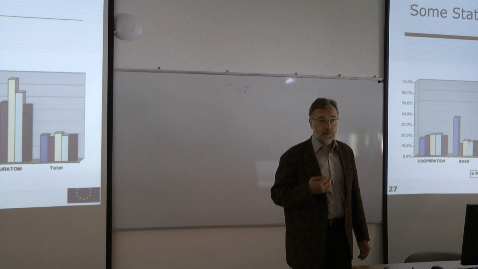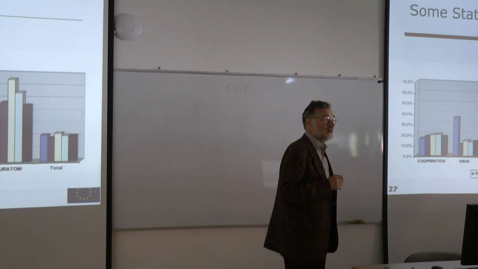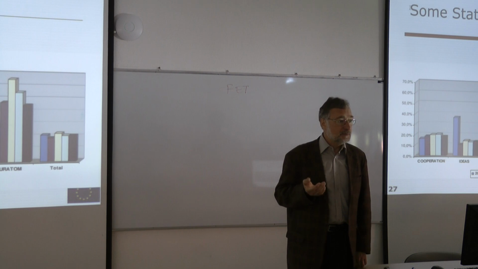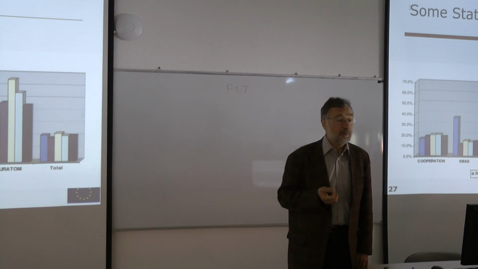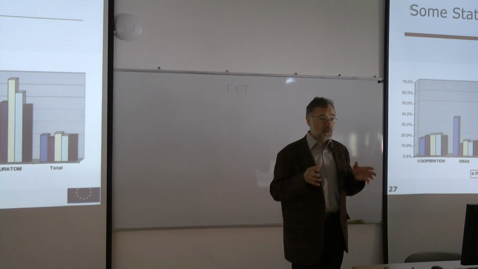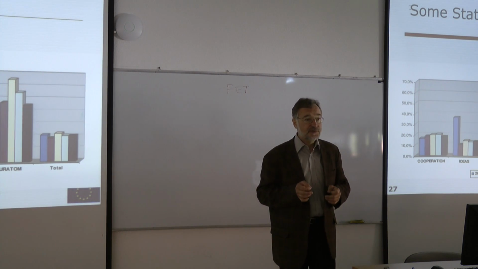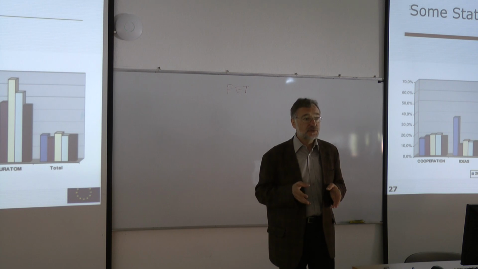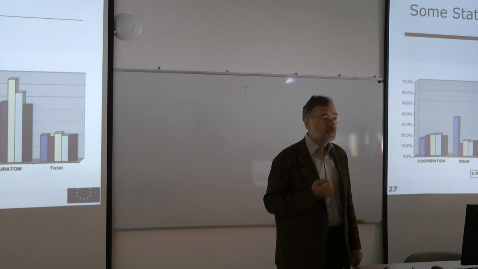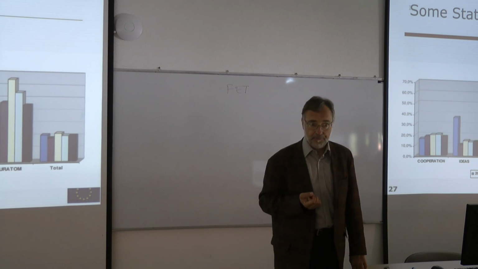So when the proposals are sent, the European Commission evaluates them, and they may find out that of all these 100 proposals, there are 30 good proposals that are worth being financed. But these 30 proposals in total request a certain amount of money, and the budget for this part of the program is much lower. So the European Commission has to say, sorry, we have 30 good proposals, but we don't have so much money available.